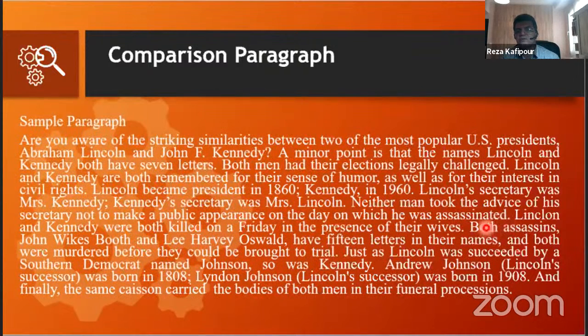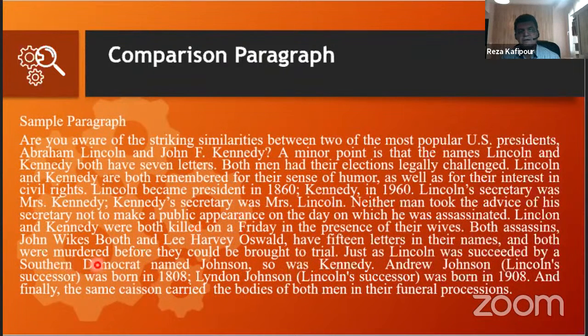Again, using both to show similarity, but between what? Between the number of letters the assassin of Kennedy and the assassin of Lincoln had. Both names had 15 letters.